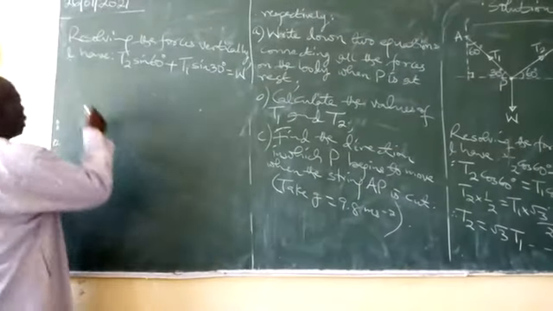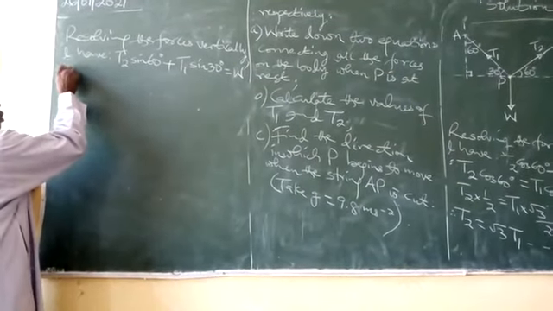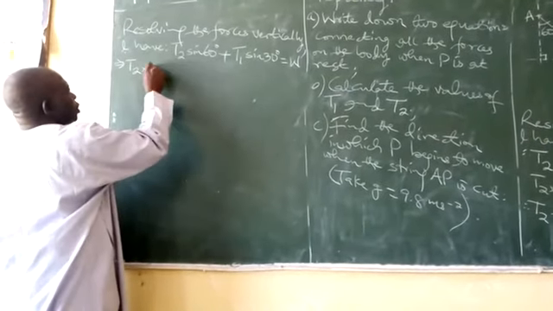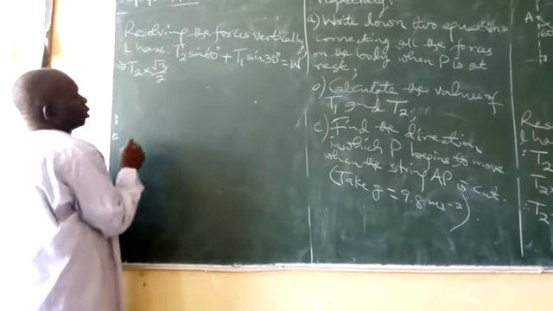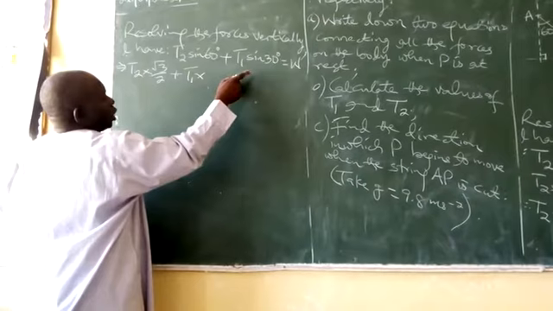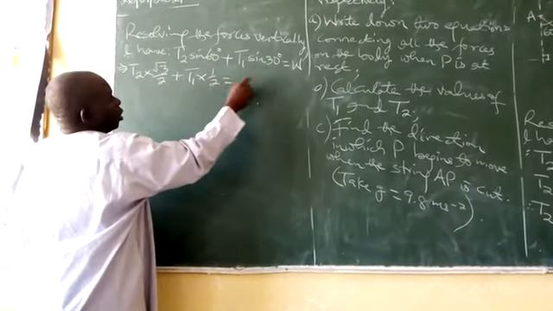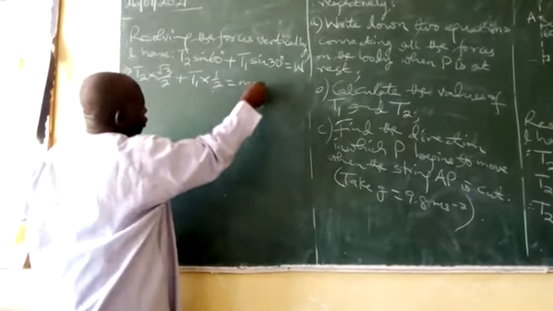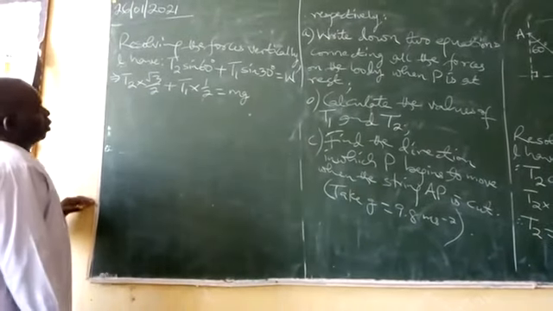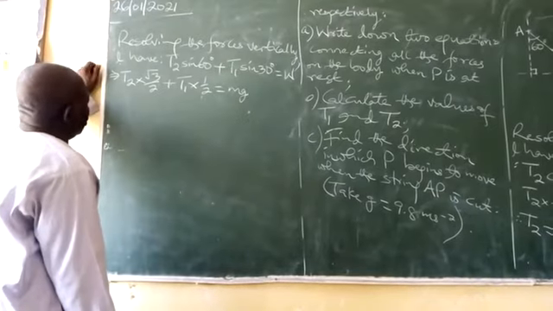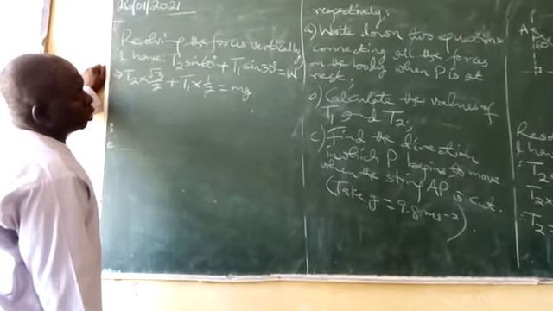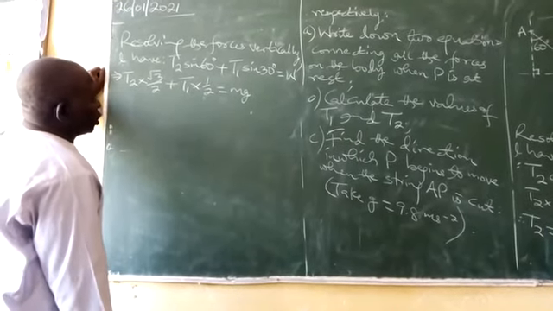So this means that T2 sin 60, which is root 3 over 2, plus T1 times sin 30, which is half, is equal to W, and W is mg. M is 10 kg and g is 9.8.